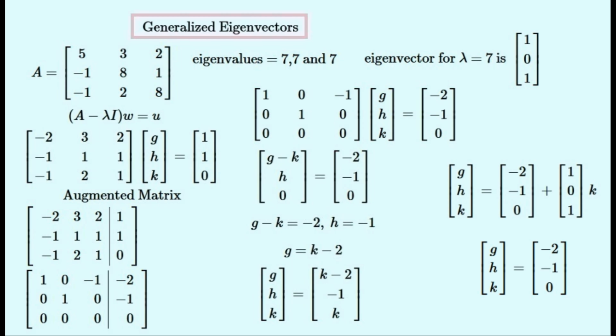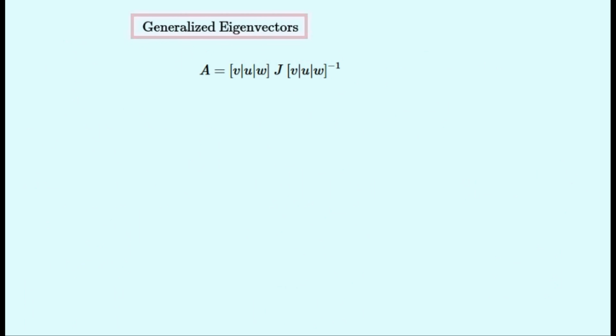And since this vector that's multiplied by k is part of the kernel or zero solution, we can then ignore it and set the generalized eigenvector equal to this. So this is how the change of basis matrix is constructed, by placing the generalized eigenvectors in each column in the order that they were generated by each other.